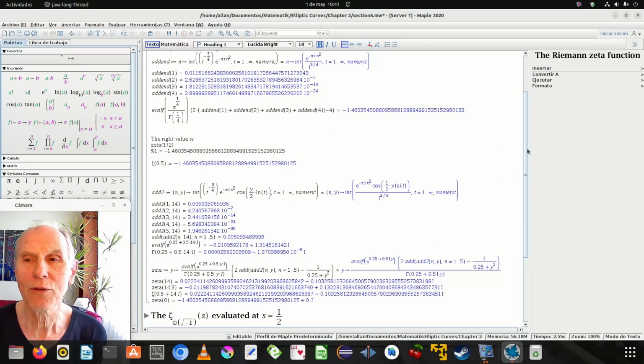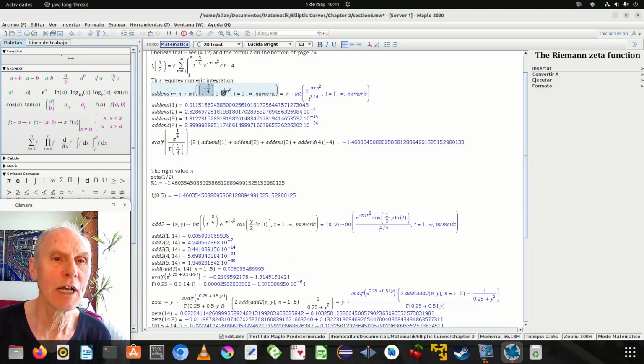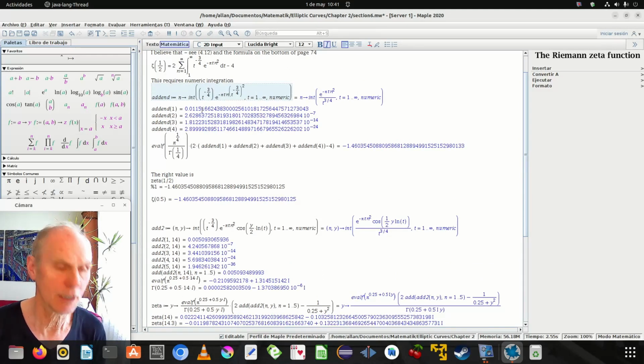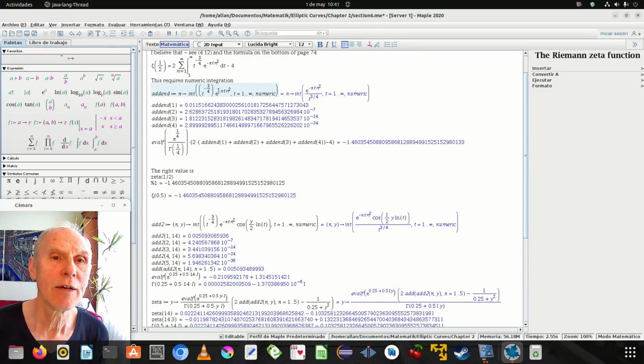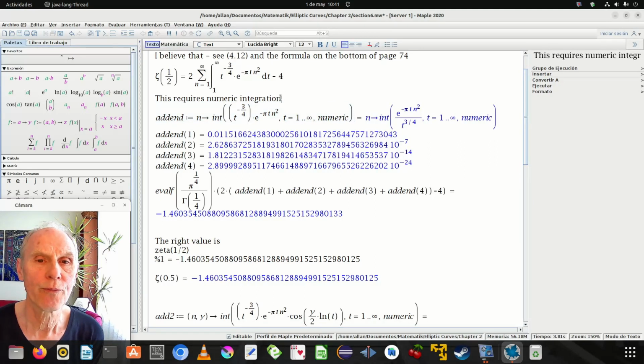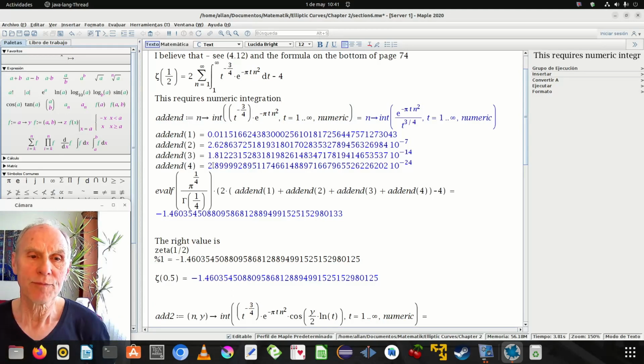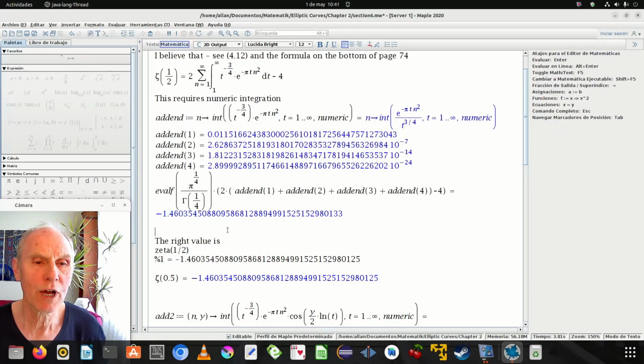The formula I derived was an integration of the exponential function. The exponential function here, and then I'll just make it larger for you, and then t to minus 3/4. So there's a numeric integration that has to be done, and then I get the result zeta of 1/2.